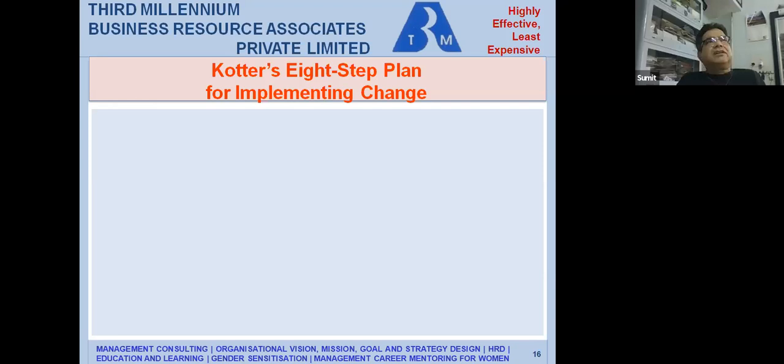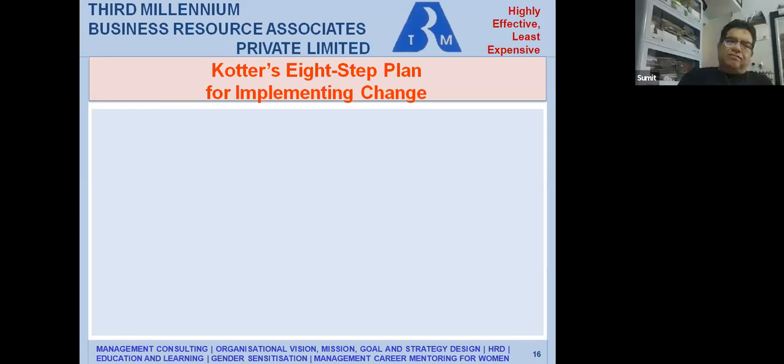But Kotter developed a very standard, systematic 8-step process building on Lewin's model. And for practitioners like us, when we go into an organization to do an OD assignment, a change management assignment, Kotter's model helps us because it lays down clear steps as to how we should proceed with the work. Okay. So what did Kotter do?